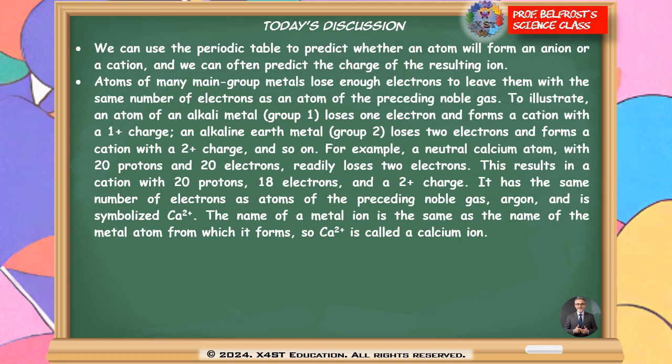The name of a metal ion is the same as the name of the metal atom from which it formed, so Ca2+ is called a calcium ion. Okay, so you actually don't need to say how much charge it lost or gained because it is quite obvious. Calcium ion.